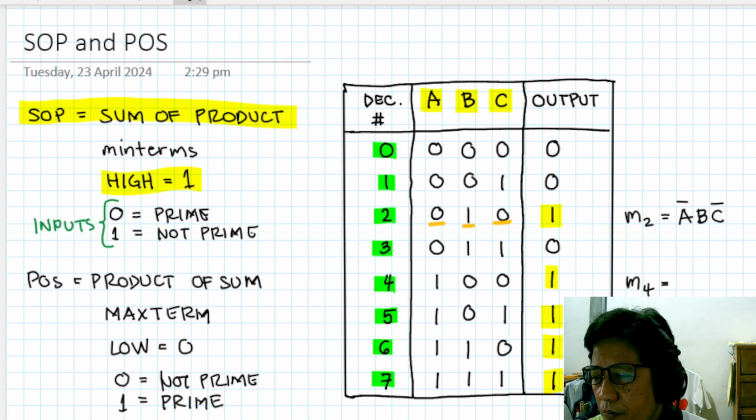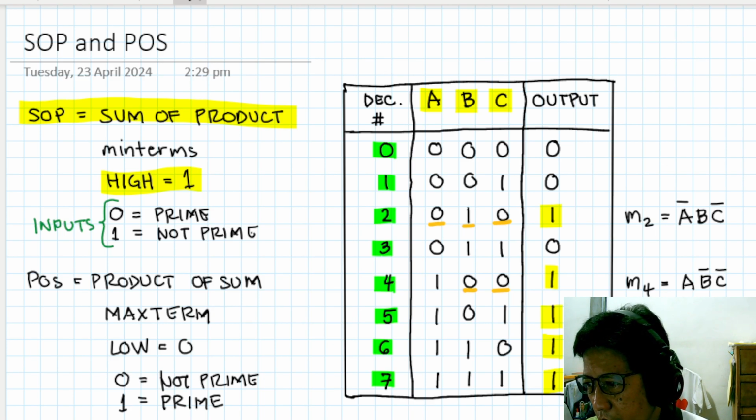For minterm 4, only B and C are set to 0. So the B and C must be set to prime. While for minterm 5, you see that input B is set to 0.